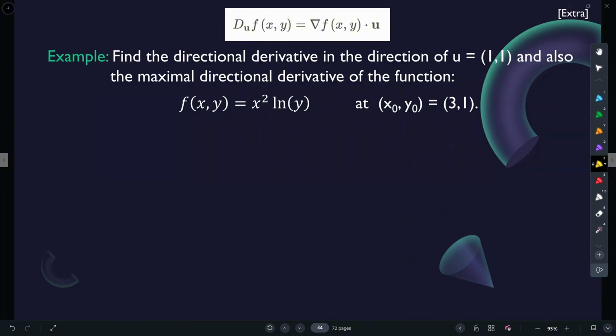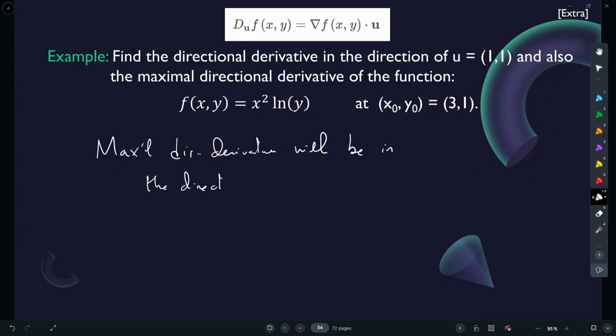The maximal one will be in the direction of the gradient of f at 3, 1, which we saw was 0, 9.